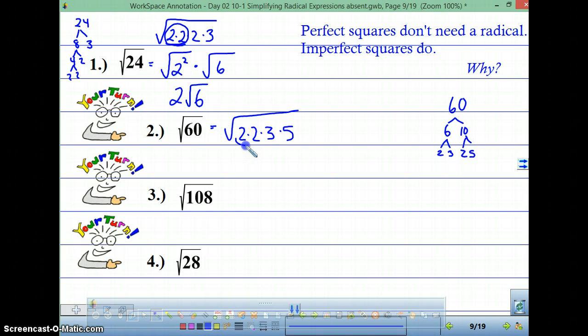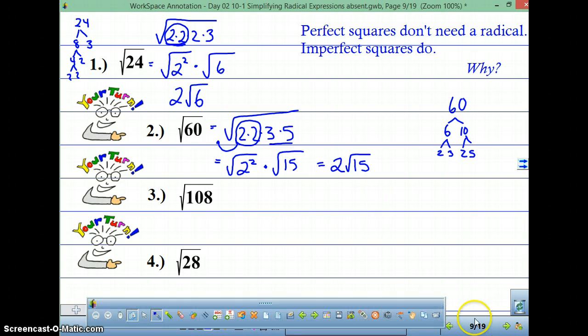Now I'm looking for matches. I'm looking for perfect squares. There's one. Let's take this one out. This is the same thing as the square root of 2 squared times the square root of 15, which is the same thing as 2 root 15.